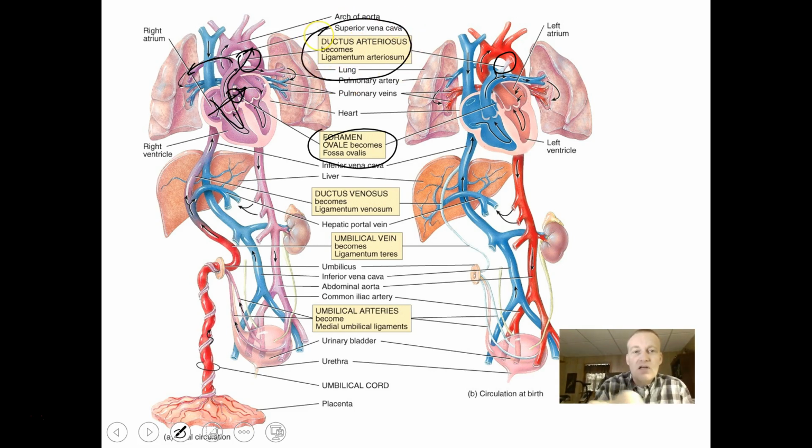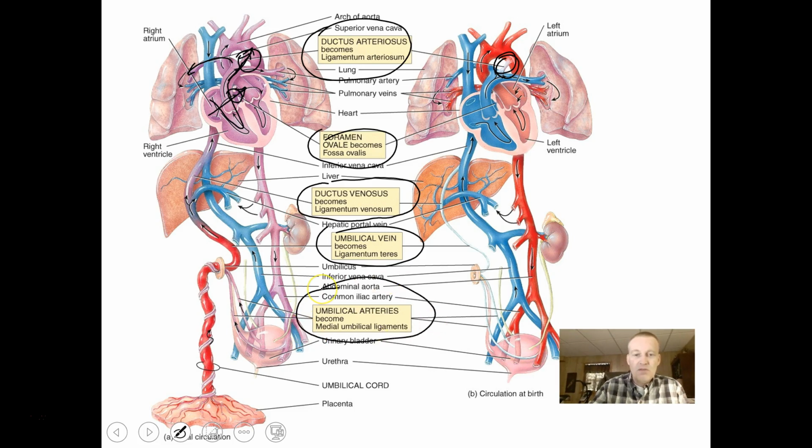The ductus arteriosus, which was the connection of the fetal circulation, the pulmonary trunk to the aorta, becomes a little supporting ligament. So the ductus venosus, which brought blood from the umbilical cord to the inferior vena cava, becomes a ligament, and the umbilical vein also becomes a ligament in the mature child.